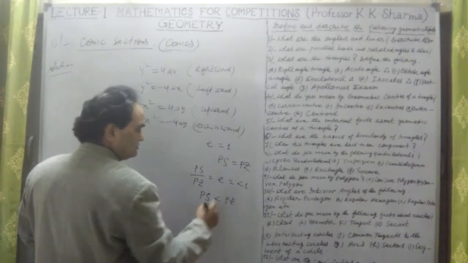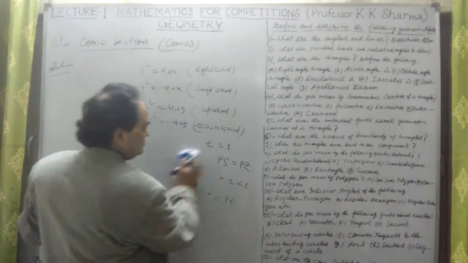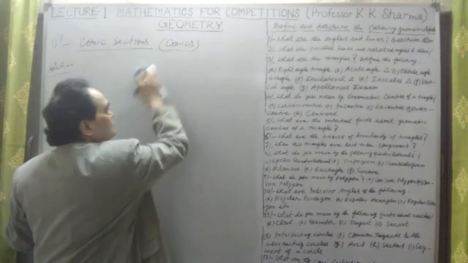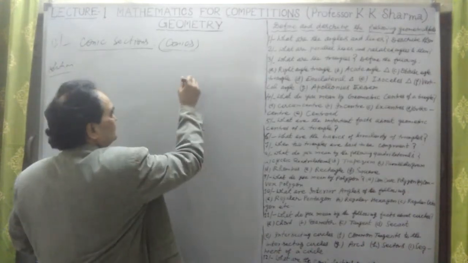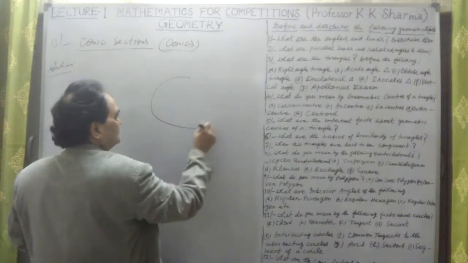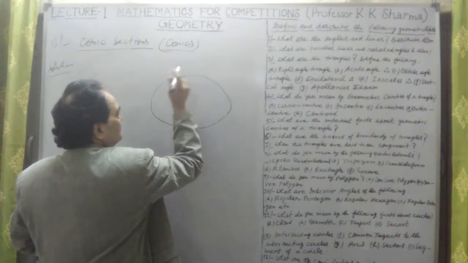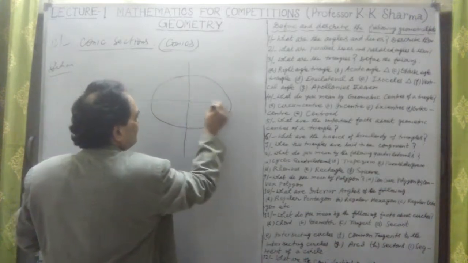So for the equation of the ellipse, let me talk about the ellipse now. All these things we will discuss when we take up this topic and questions based on them. Now, this is the form of the ellipse, elliptical. This is the axis of y, and let me take the axis of x here.